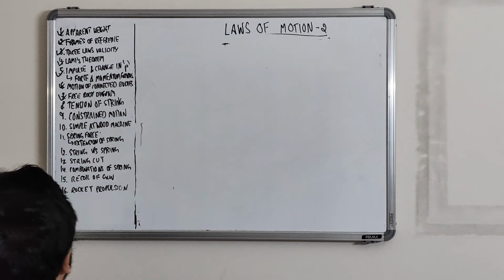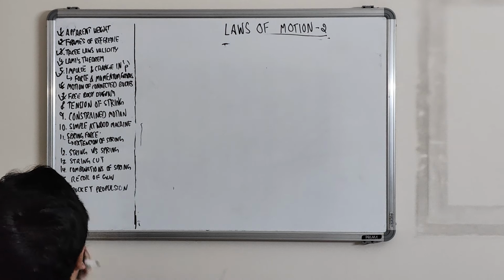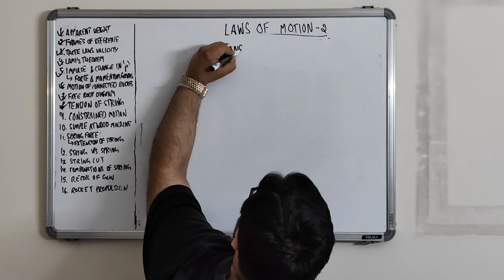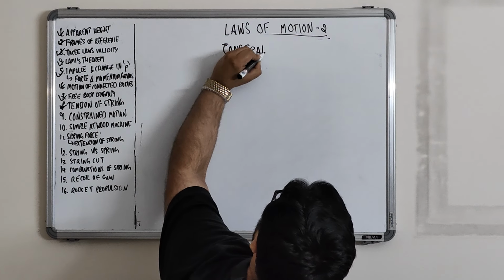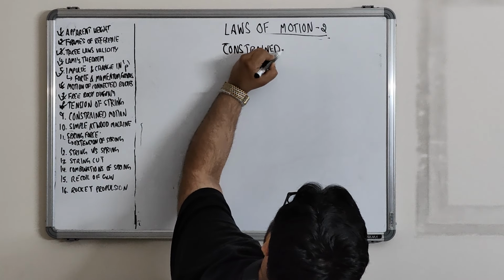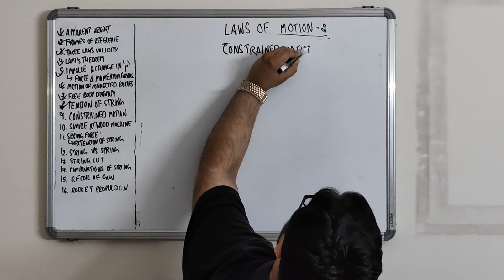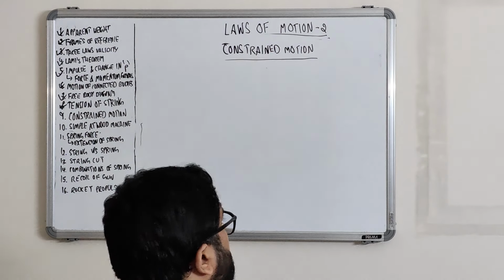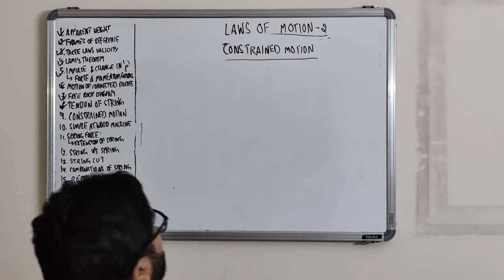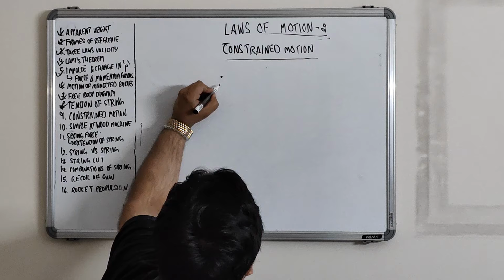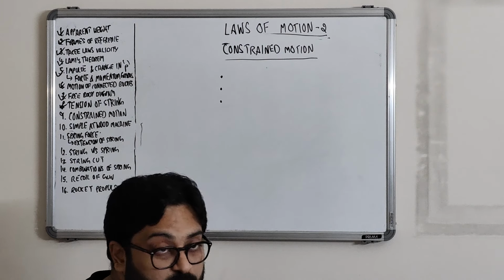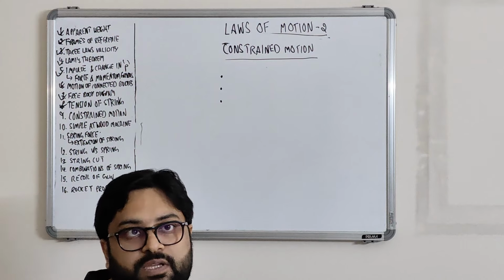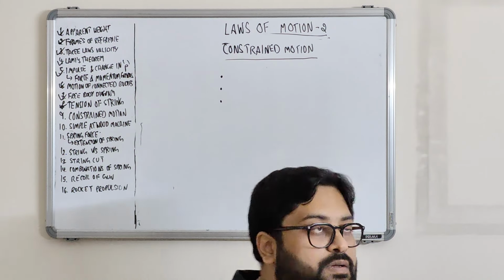Tension of string. Now let's talk about constrained motion. What is constrained motion? When we talk about constrained motion, we have a few assumptions in most cases about the string, because mostly constrained motion involves a string or a rope.